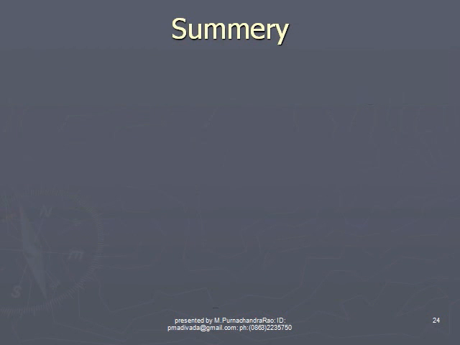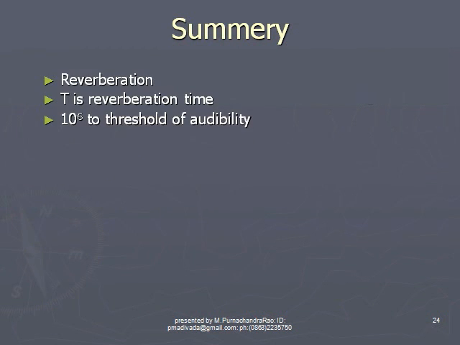Let me summarize what we have learnt so far. When sound is produced in a closed room, multiple reflections take place and we will be receiving the sound continuously even after the source is cut off, until the reflected sound intensity falls to the minimum detectable sound level, that is the threshold of audibility. Until then it will be noticed. This is reverberation.